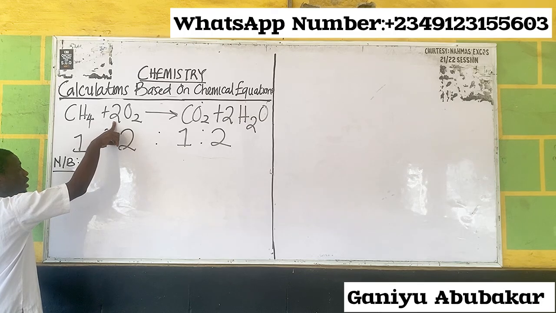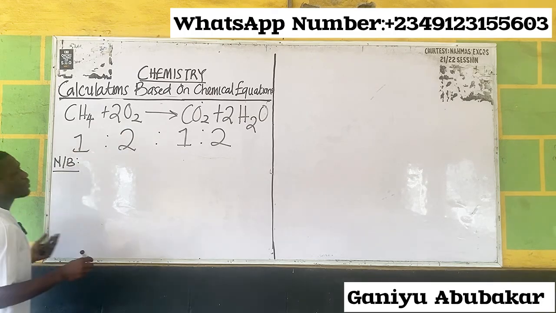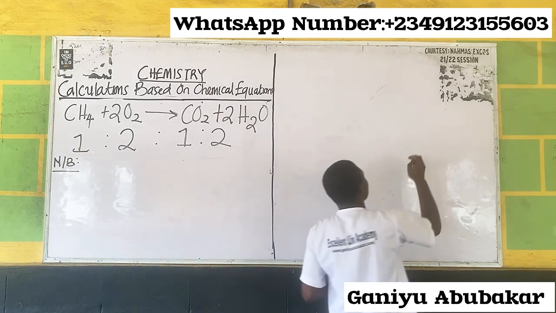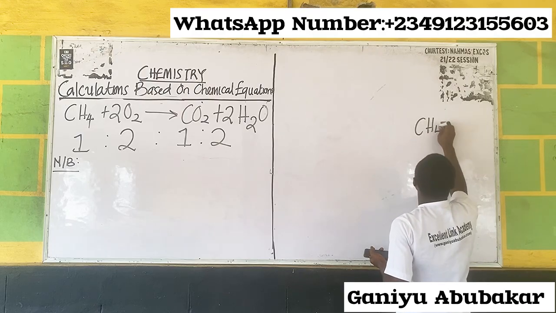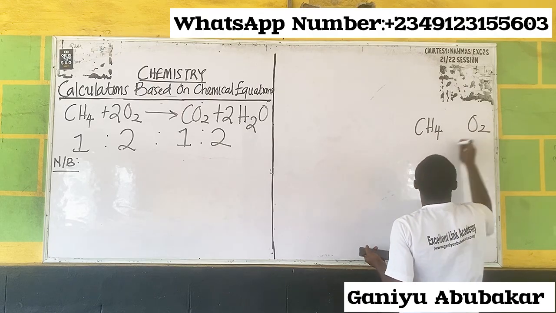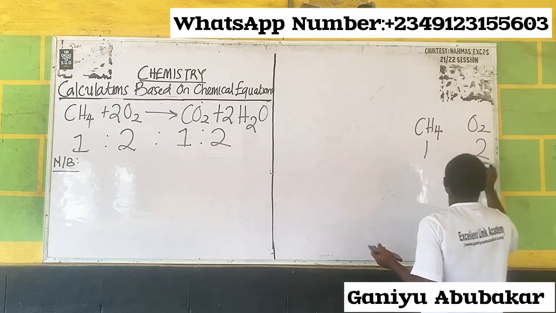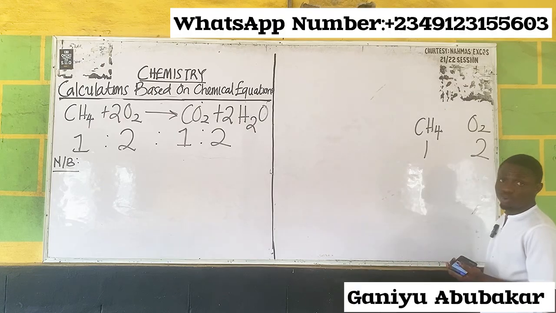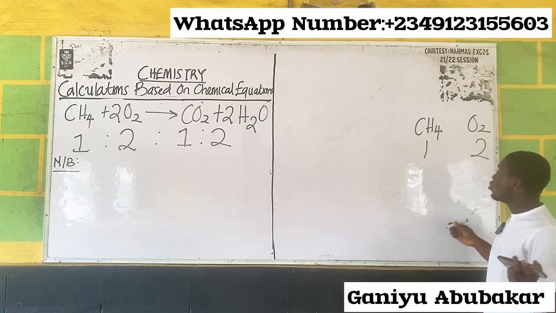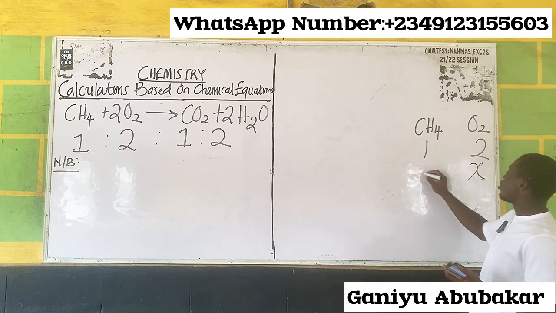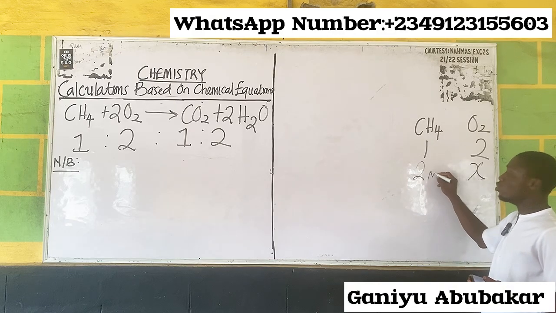Oxygen, right? Since we're having methane, CH4 and O2, here is 1, here is 2. What is meant to be here is mole, right? That we did before. One will be X, the other one will be something in mole.